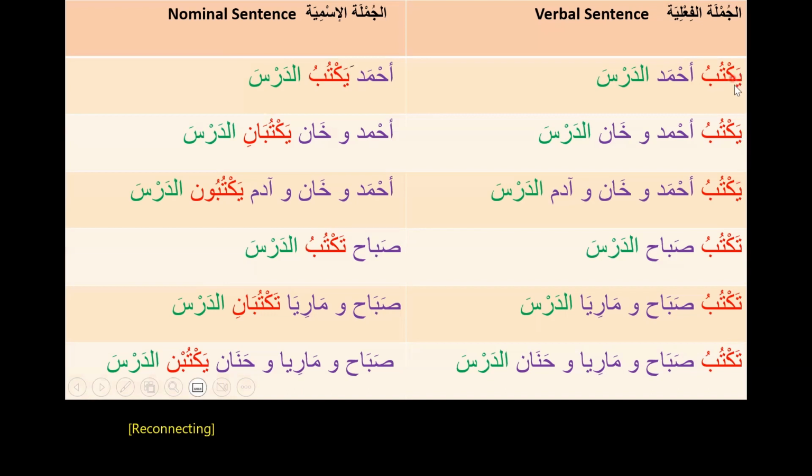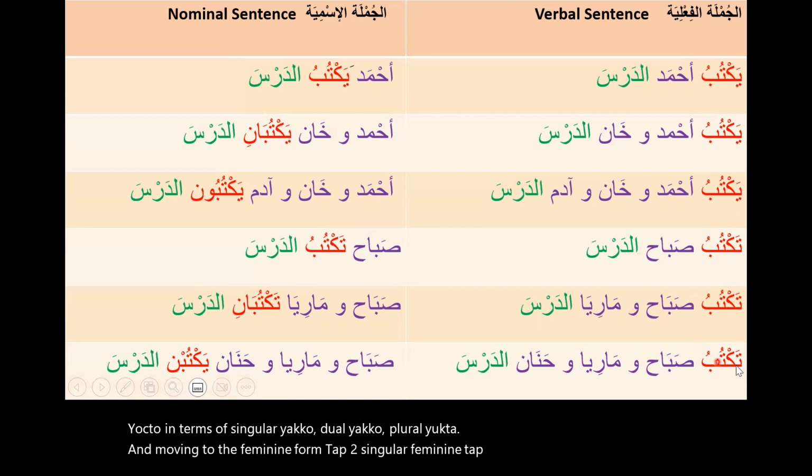But our verb stayed the same throughout. So yaktub, yaktub, yaktub, in terms of singular, dual, and plural. And moving to the feminine form, taktub, singular feminine, taktub, dual feminine, taktub, plural feminine.